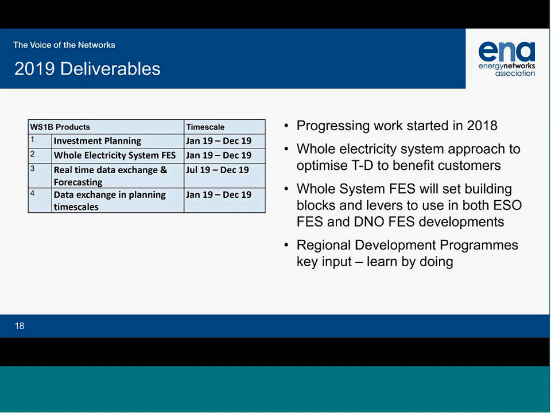We're also looking at the funding options for DNOs and transmission, both now, whilst we're in the RIIO-1 period, and also in that transition period where the DNOs will still be under ED1 and the transmission will have moved on to T2. So we'll need some transition options to see how we can fund that work.